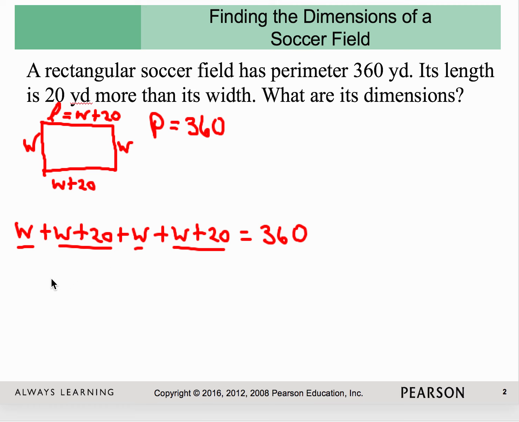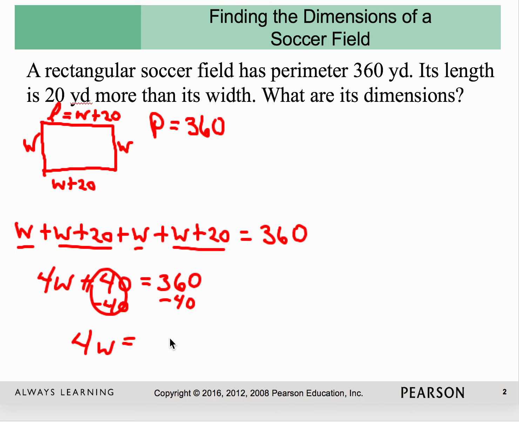Okay, I've got 4 W's plus 40 has to equal 360. Just solving this equation for W now. 4W has to equal 320. So divide by 4.